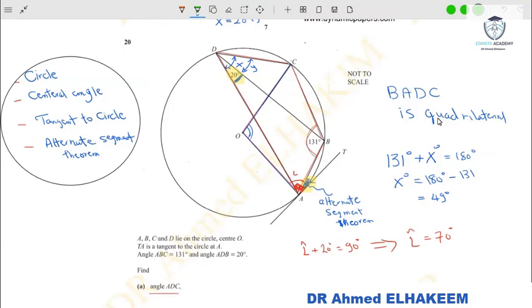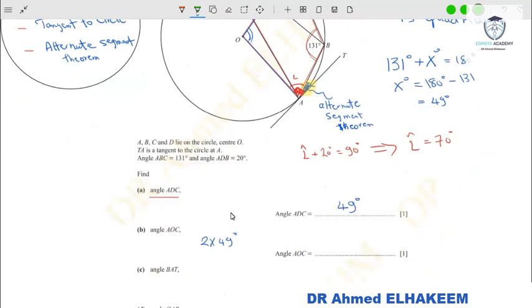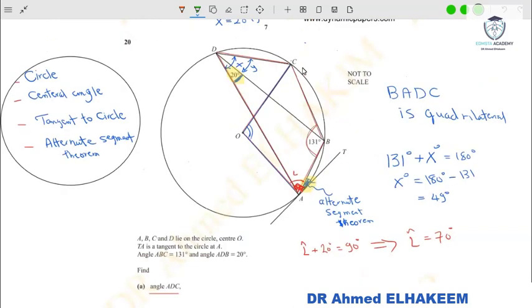Now we need to find angle AOC, and it is a central angle. This central angle has that arc, and that arc is also shared with angle x, right?